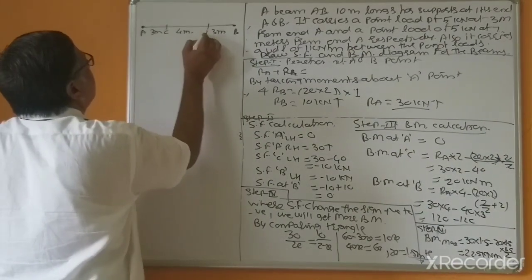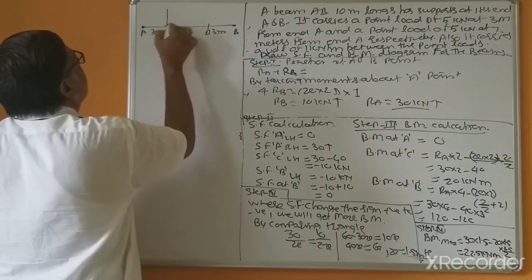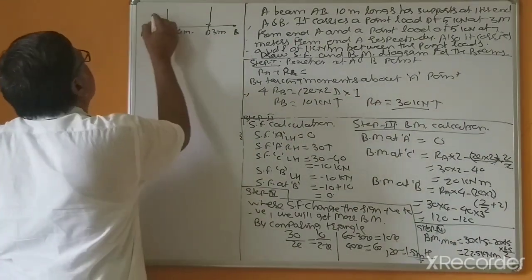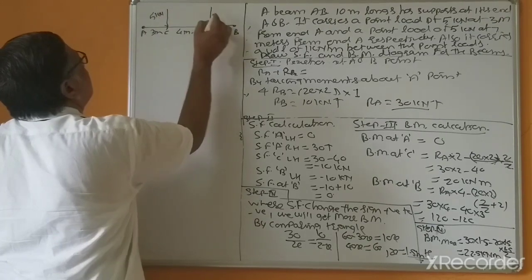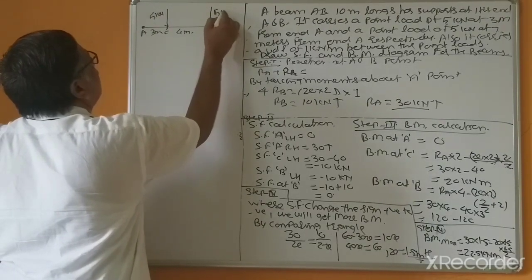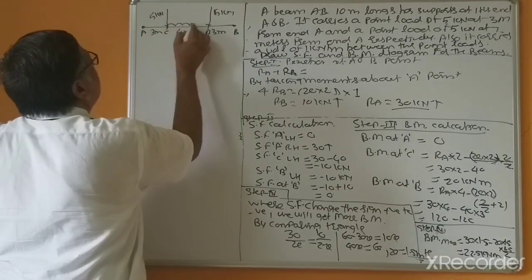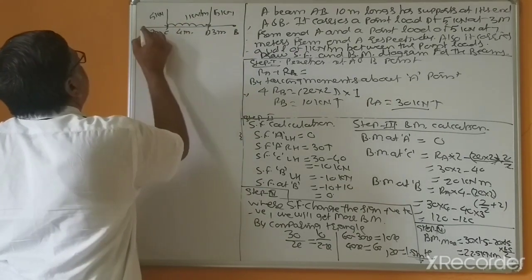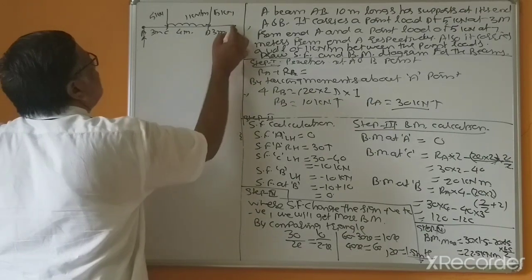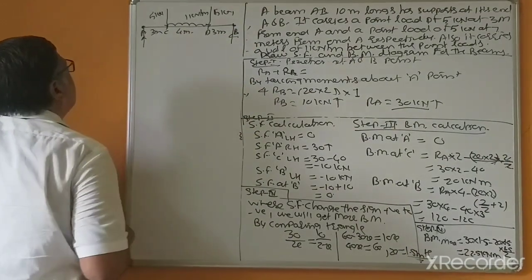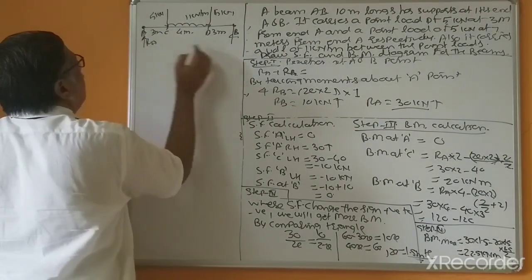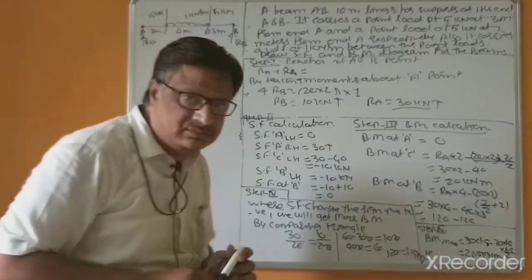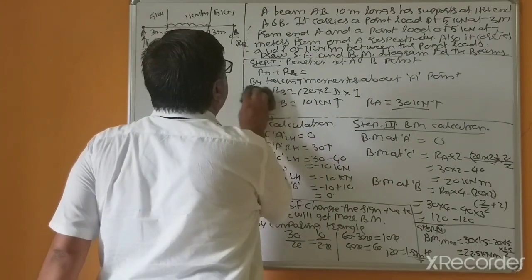C point, D point, with 5 kilonewton forces, and this UDL of 1 kilonewton per meter. That's why this is the support, RA plus RB.